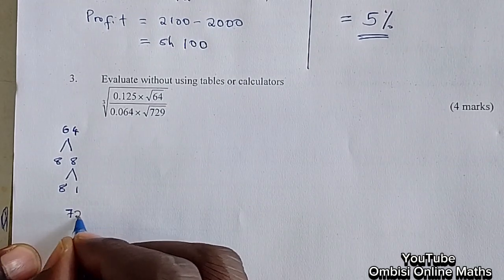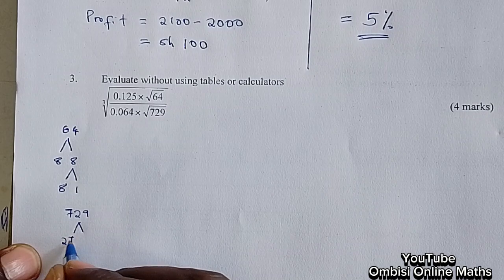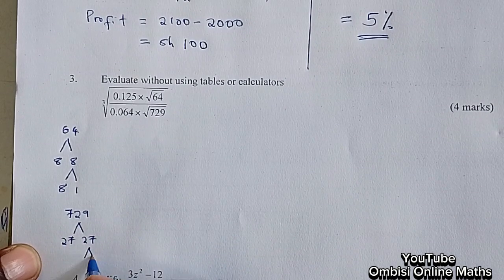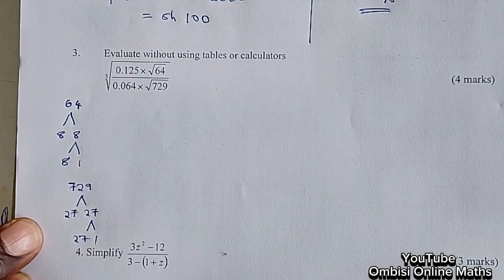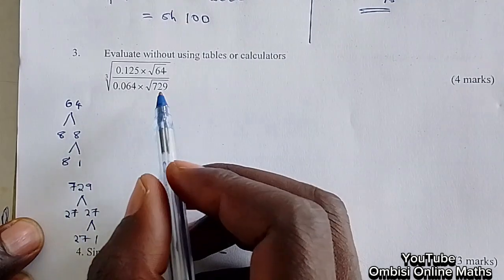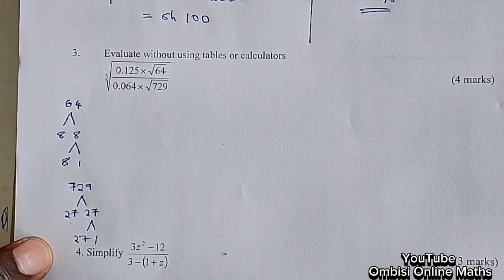So 729 is a matter of 27 going there 27 times, then 27 going there once. So the square root of 64 is 8, then the square root of 729 is going to be 27.